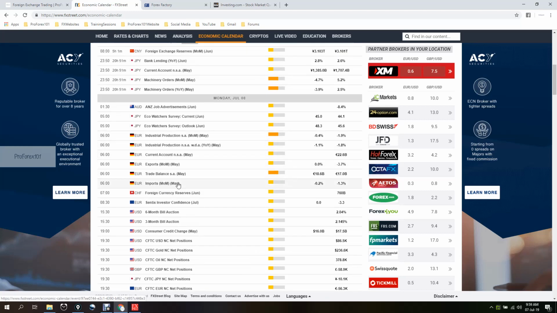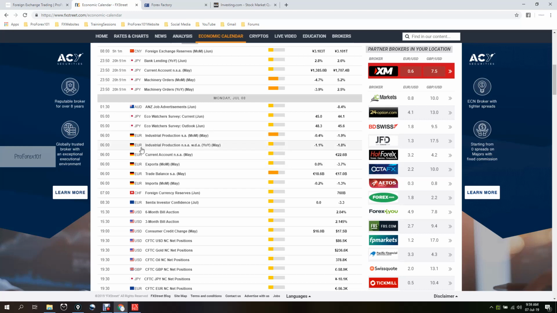They are published by different organizations, depending on who gathers this data. For example, this is the trade balance for Germany, and they've shown the currency which that trade balance affects. Since Germany is part of the Eurozone, part of the European Union, obviously any data that comes out for the German economy is going to affect the euro, okay.